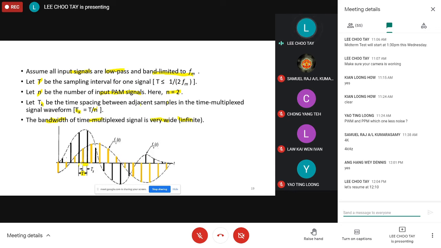So instead of a sharp transition like this, your pulses may look like this eventually. You look more sinusoidal rather than rectangular, a series of sinusoidal waves rather than a rectangular wave.